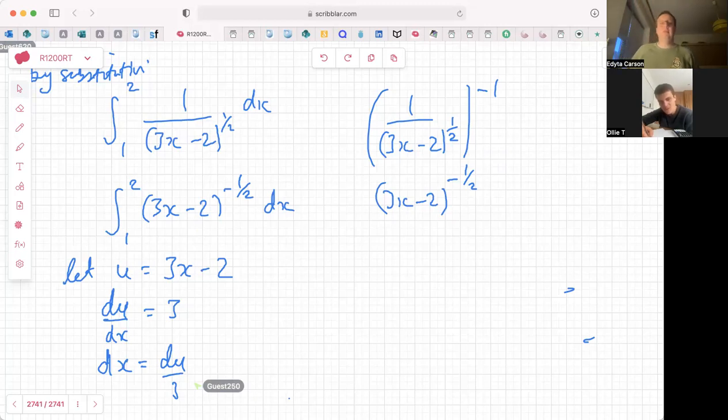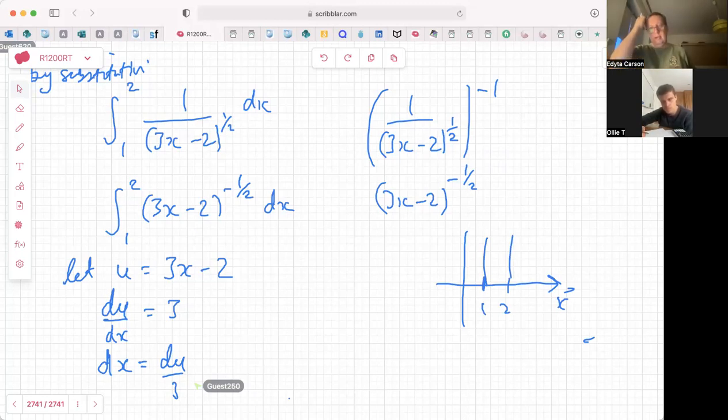The limits 1 and 2 are in terms of x as well, because the function is in terms of x. The function is on a graph which has x on the bottom, and they want the area between 1 and 2. But we've changed the whole thing to u, so those numbers wouldn't be correct. You've got to change the 1 and 2 as well.